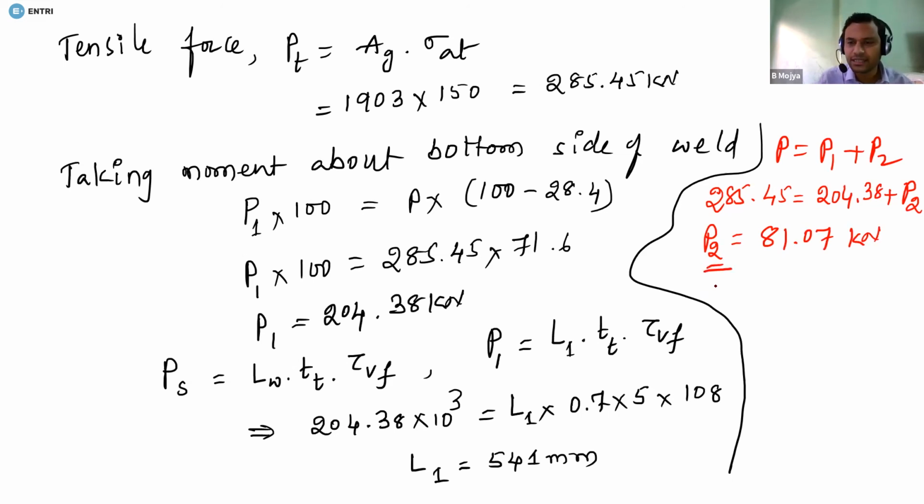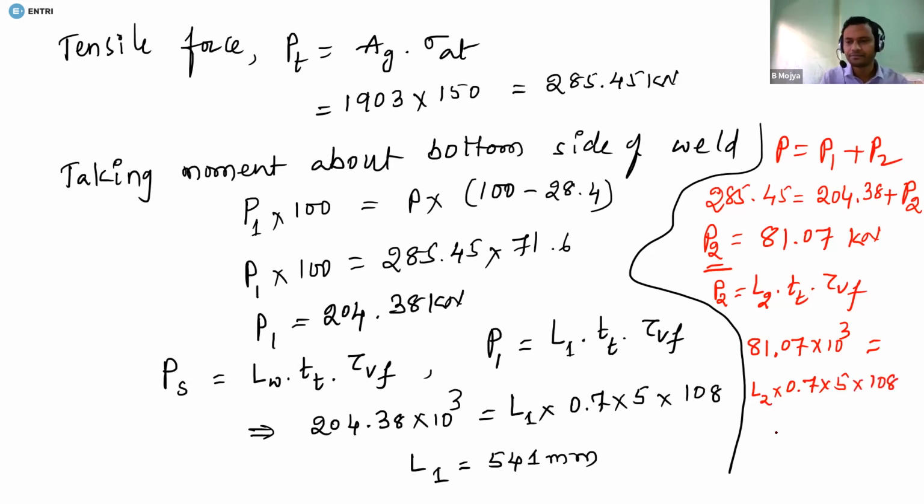So let us write the relation. P2 is equal to L2 into t_t into tau_vf. You can write tau_vf or tau_tf because we are dealing with shear. So 81.07 into 10 to the power 3 is equal to L2 into 0.7 into 5 into 108.